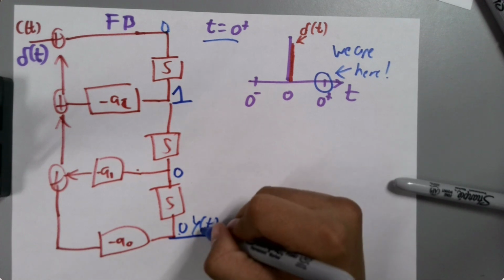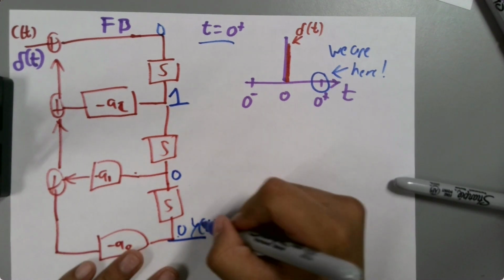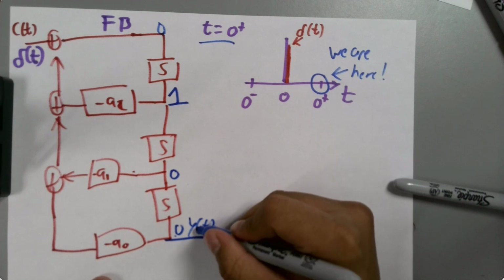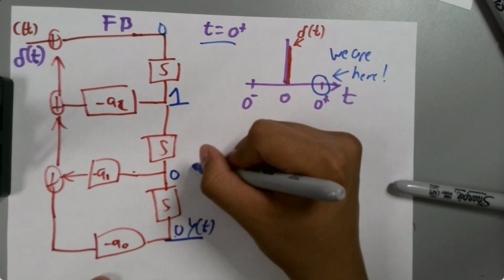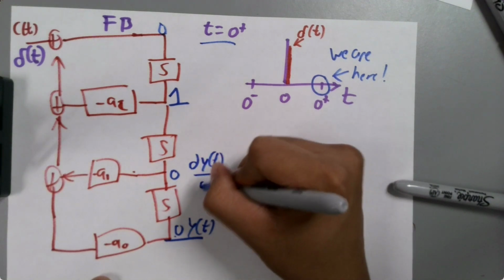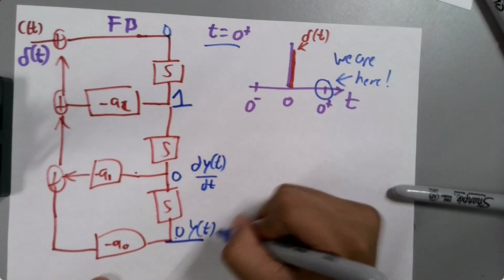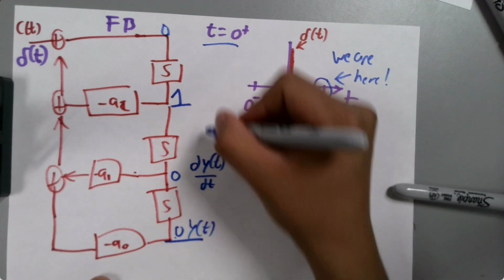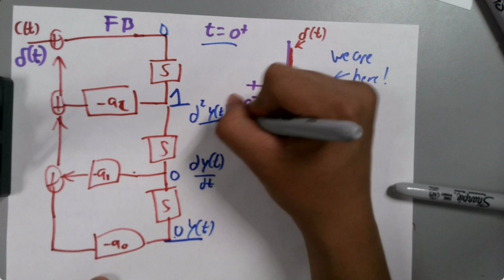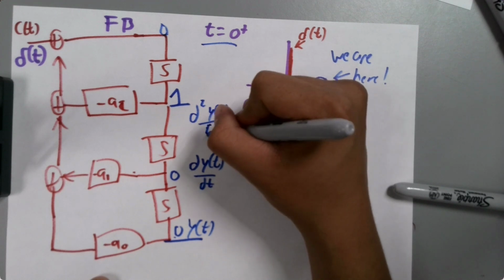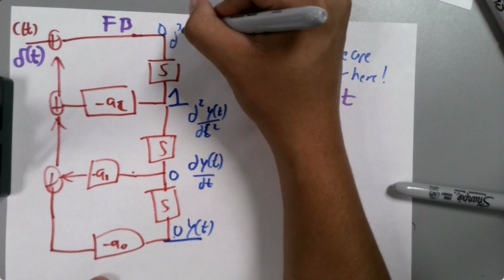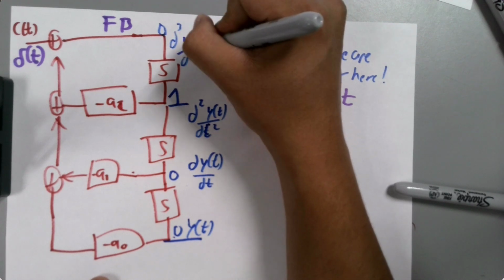So right here, I'm going to force this down everyone to memorize. Here's y of t. If we were to, okay, let's say this is dy of t. What happens when we integrate this? We get y of t. And working backwards, this is d2 of y over dt squared, and this right here is d3 of y of t.